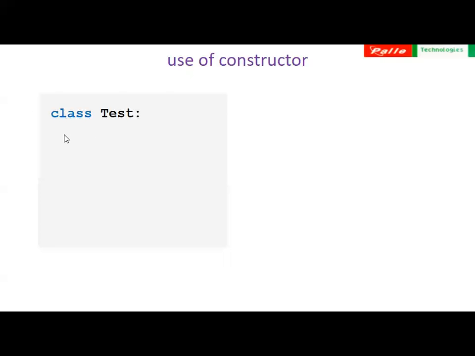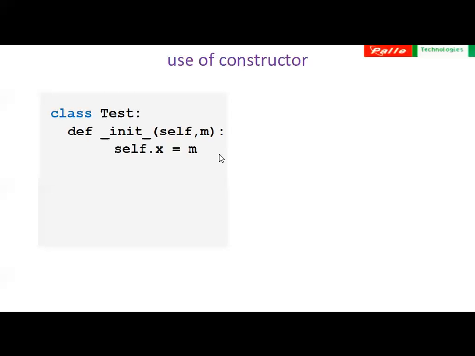I have created a class called test. Inside this, I have created a constructor. Is this constructor taking any parameter? Definitely yes. How many? One. What is the name? Very good. Now here I am writing self.x = m.